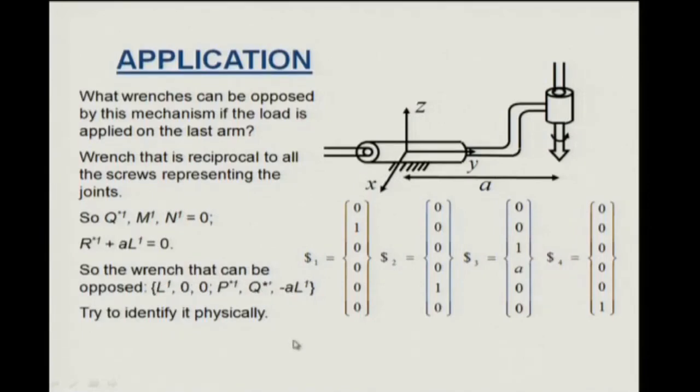Okay. Now can you identify this physically? So definitely it's a wrench which is directed along the x axis. Okay. So it's a wrench directly along the x axis, and what else? So it says that you can apply any amounts of twist about the x axis.